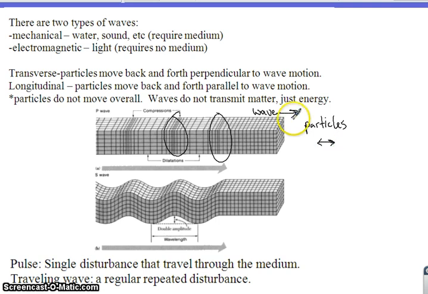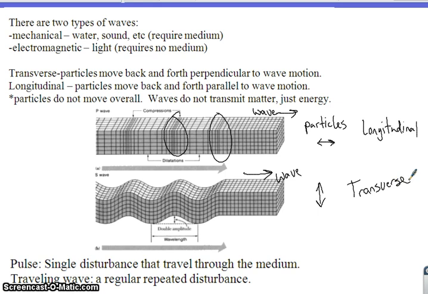So that's parallel. So this would be considered a longitudinal wave. Whereas in this wave here, as the wave again is still moving this way, now the particles are going back and forth like that, which is perpendicular. So this would be a transverse wave.